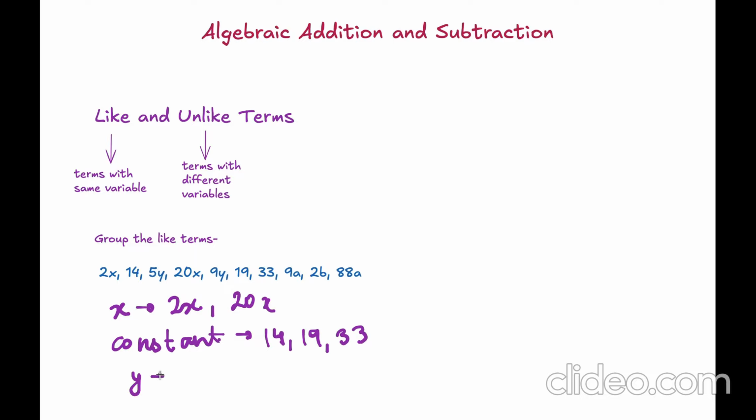For variables with y, the like terms, we have 5y and 9y. For ones with a, we have 9a and 88a. And what's left is just 2b. So these would be the like terms.